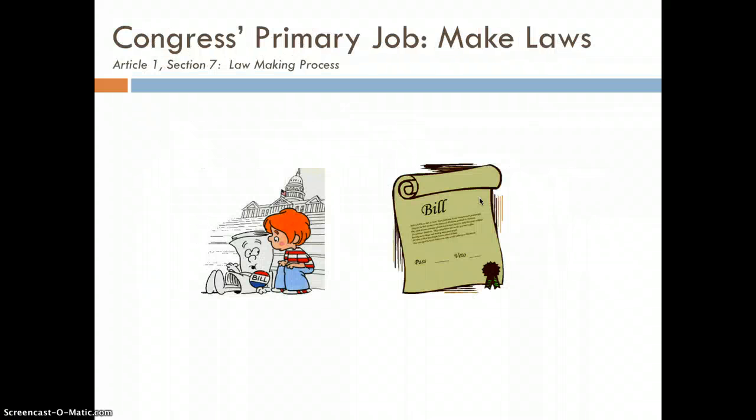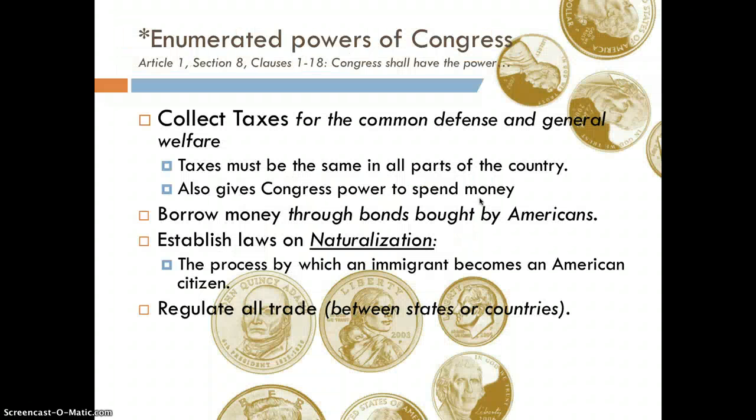Congress's primary job is to make laws. Here are the enumerated powers of Congress, the express powers, the ones that are written in the Constitution. Make sure you write these down. One is to levy taxes for the common defense and general welfare. So taxes must be the same in all parts of the country.